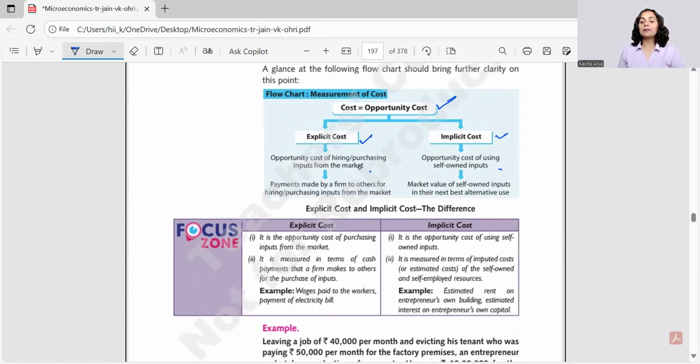Whatever payments you're making for this process, these could have been made to some other process also. So that's again an opportunity sacrifice for this production. Hence, the opportunity cost is the sum total of explicit as well as implicit cost. And these are the payments which are outrightly made for the inputs from the market, right? But these payments are not made for the self-owned inputs, right?